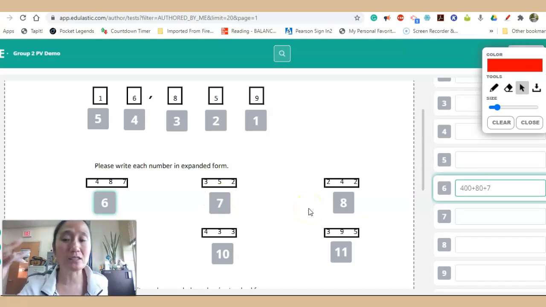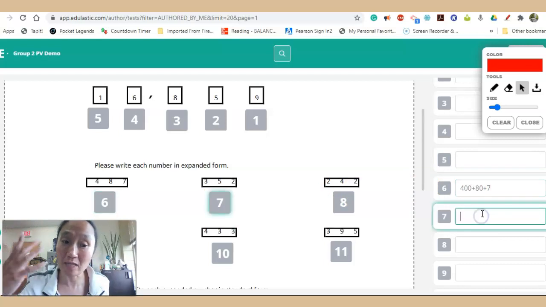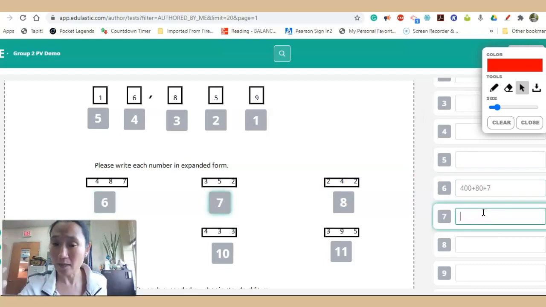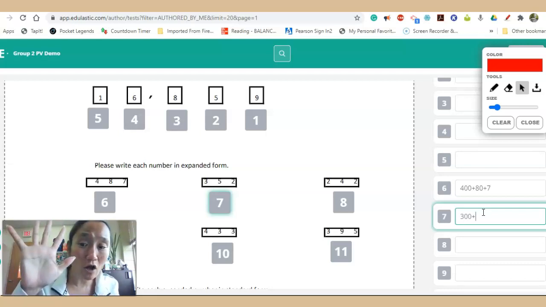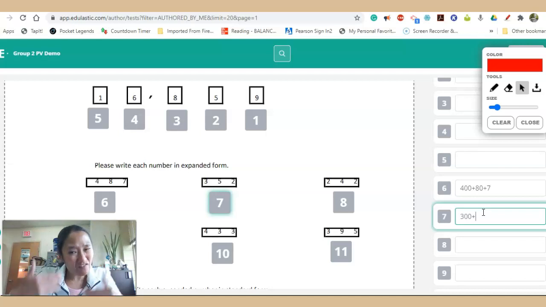Now your worksheet doesn't look exactly like mine, that is true, but I'm telling you exactly how to work it. Now this next one, on 7, you have 3 groups of Benjamins, so you have $300, plus 5 $10 bills, so you have $50 in your pocket, plus 2 $1 bills, so you have $2 in your pocket.